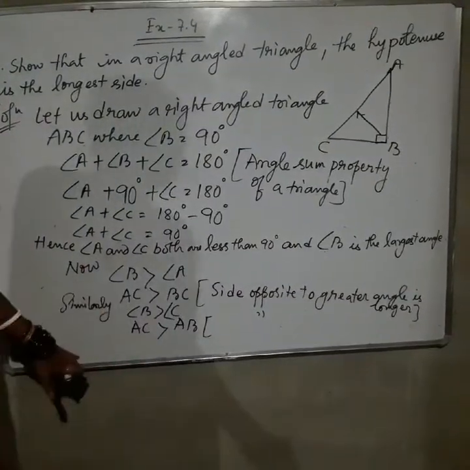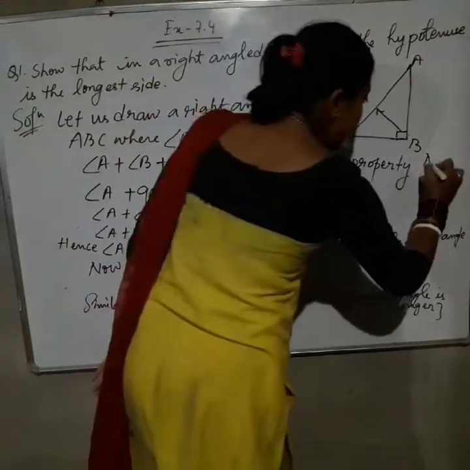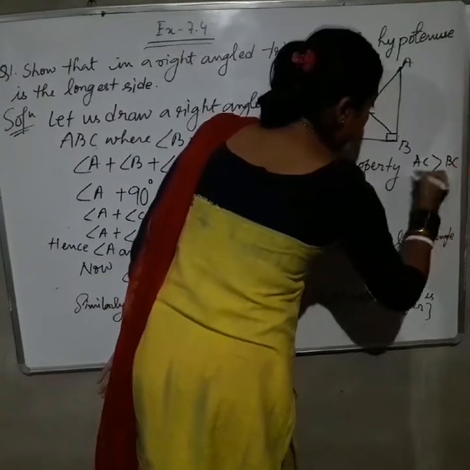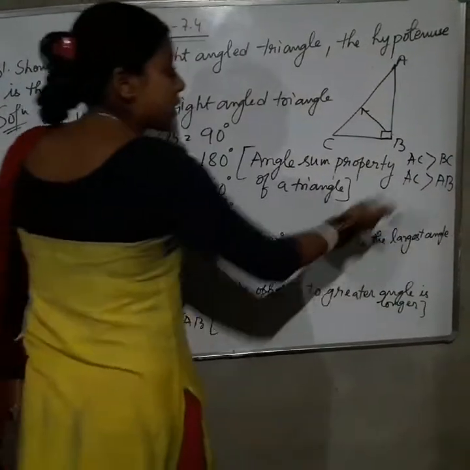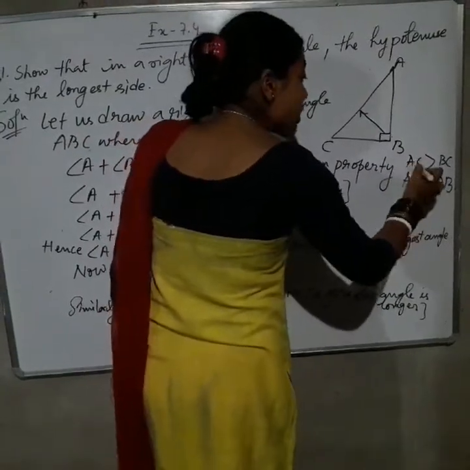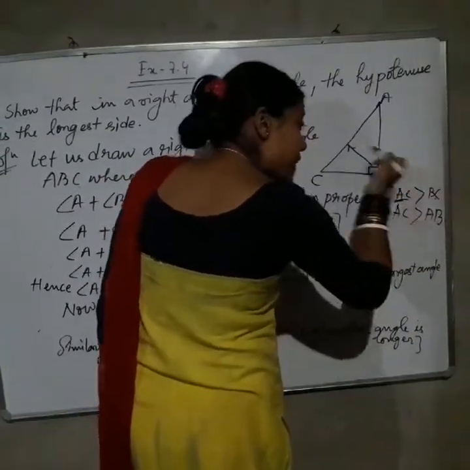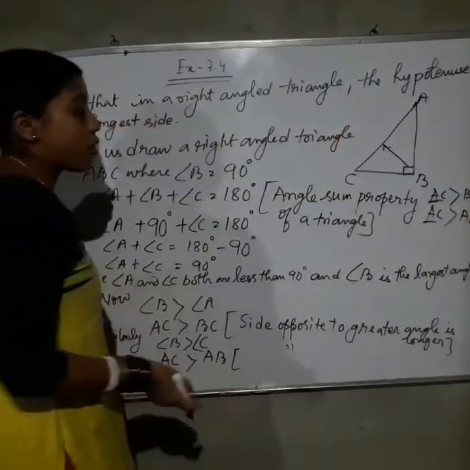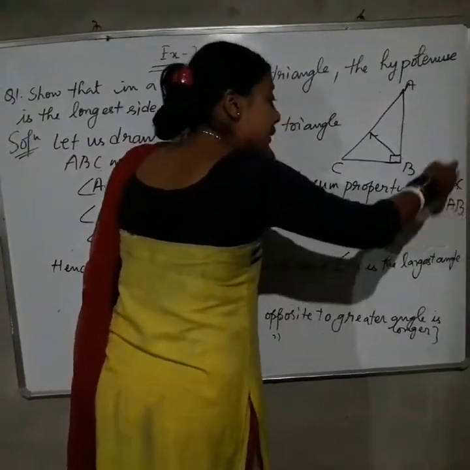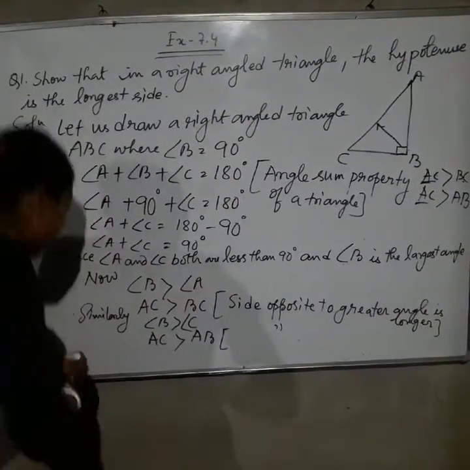So you see here AC is greater than BC, and AC is greater than AB also. So AC is greater than both these sides, so we can say that AC is the longest side.